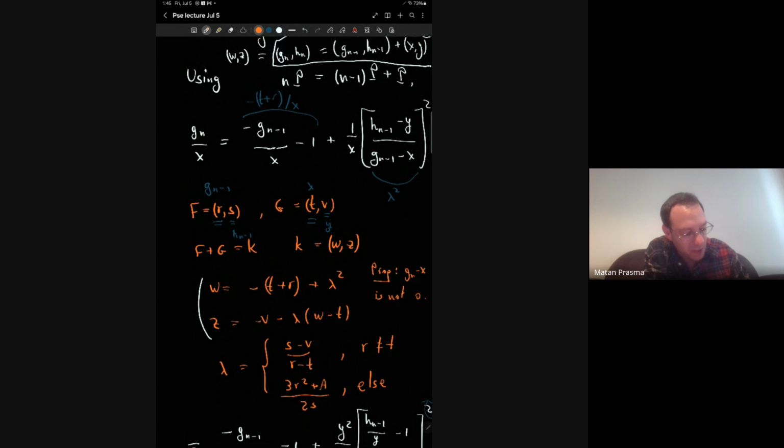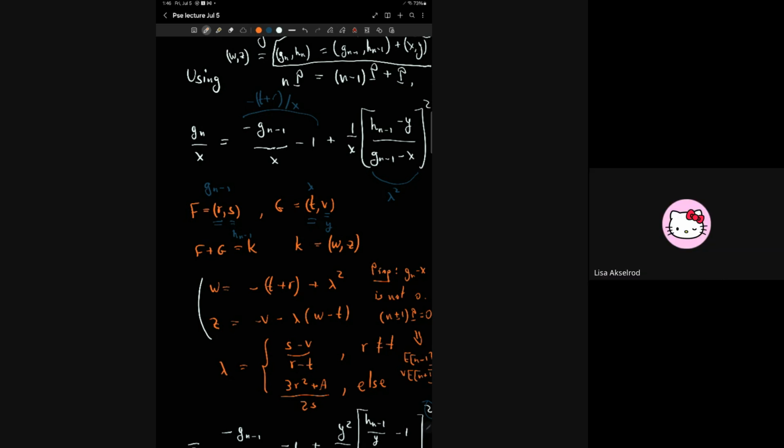If it was identically 0, then it would mean that n plus 1 P or n minus 1 P is equal to 0 for all P. And this would mean that either E[n minus 1] or E[n plus 1] is the whole E. And this is not possible because we proved that E[n minus 1] and in general E[k] is finite. Okay, so this is the small pieces of the puzzle. Yeah, it's okay. Thank you.